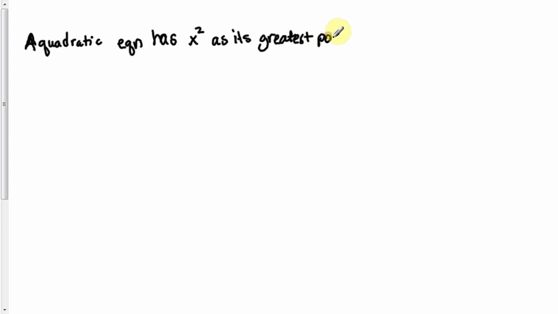Now it could have a different letter in it. It could be a y squared or a z squared or a squared or whatever, but the highest power of it is to the second. That means it's a quadratic. Okay?